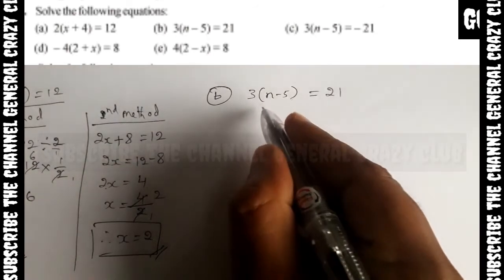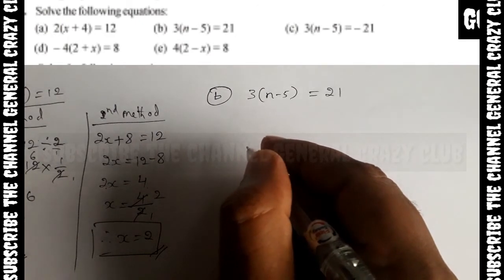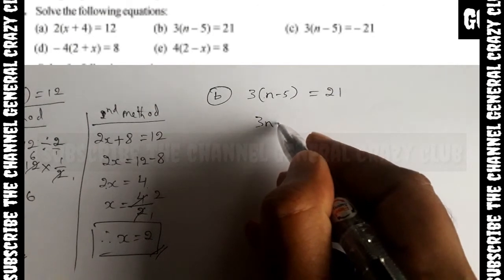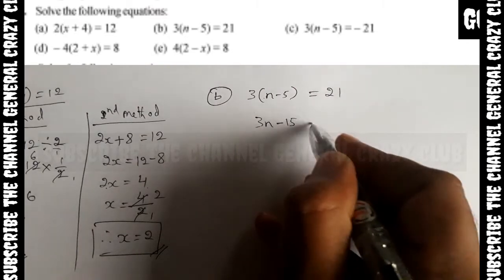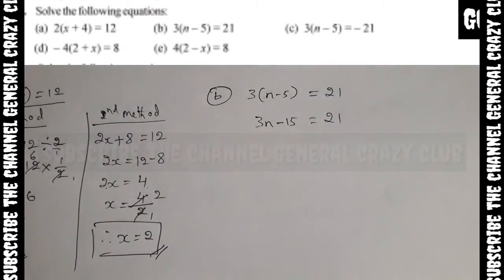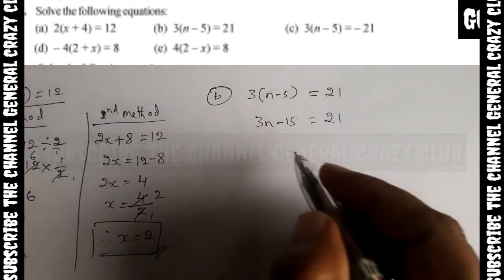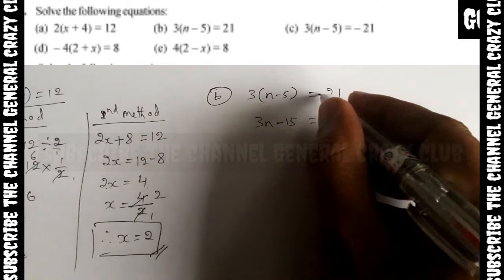Here I am using only one method. 3 ones are 3, 3n, plus into minus, minus 3 fives are 15, is equal to 21. First step. Second step, here transposing minus 15, LHS to RHS. Here minus.